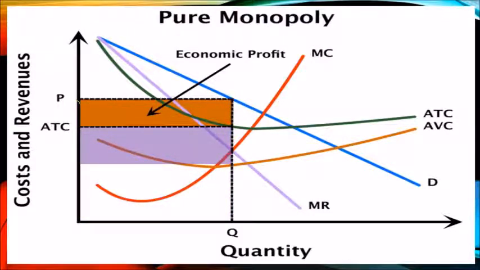So that gives us, in this case, this economic profit region of the orange and the surplus here that we get from this purple. And so what we get is this entire area here is producer surplus, whereas just the orange is our economic profit.